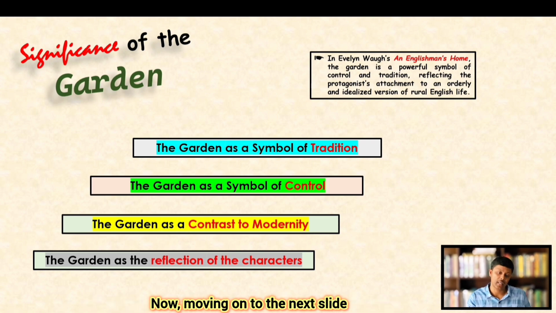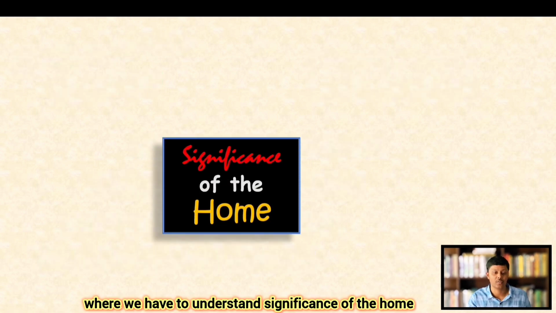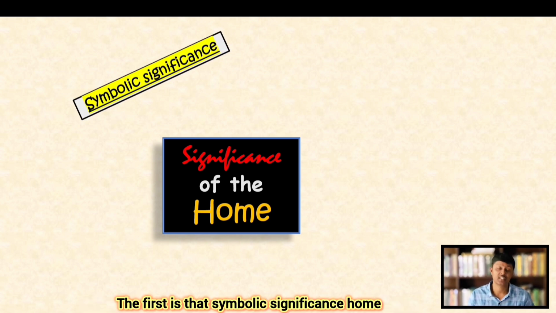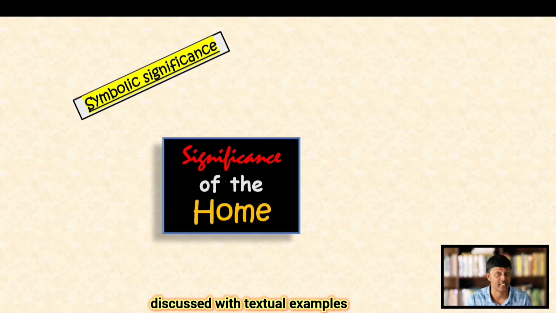Now, moving on to the next slide, where we have to understand the significance of the home, where the central focus of the story lies. The first is the symbolic significance of home, about which we have already slightly discussed with textual examples.